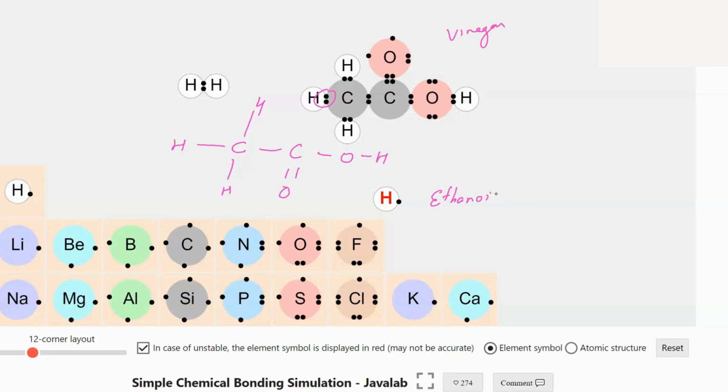You can see that if I have to write the structure, two pairs means two lines, a double bond, and everything else is a single bond. You understand?